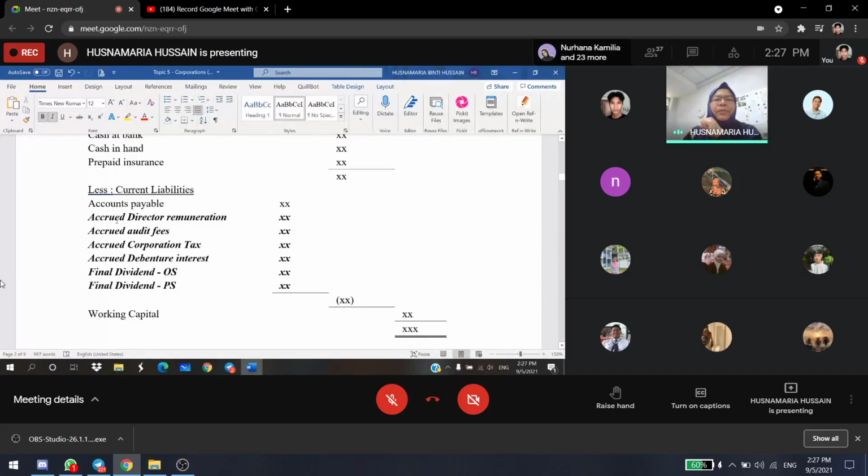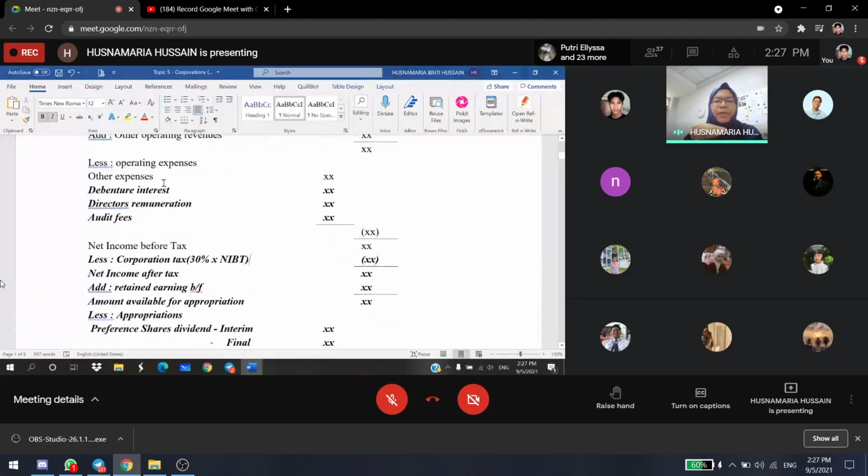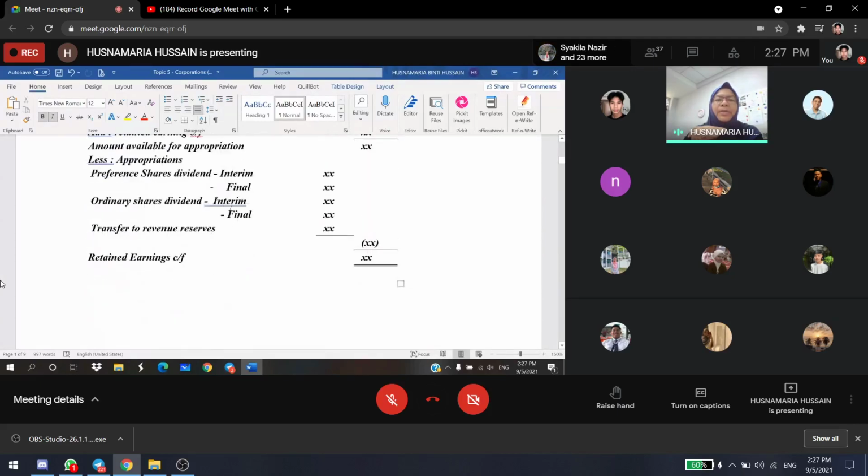So first, accrued directors remuneration, accrued audit fees, accrued debenture interest. Okay, yang nombor 3 dekat sini tadi. If you have an accrued for these 3. Then what else? Accrued corporation tax. 4. What else? The accrued or the final dividends.